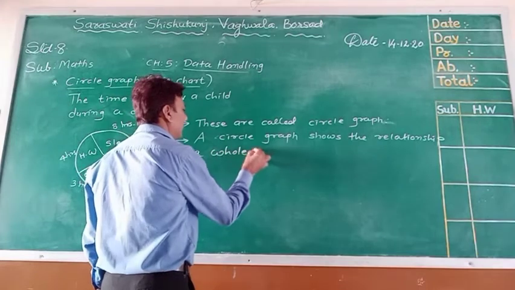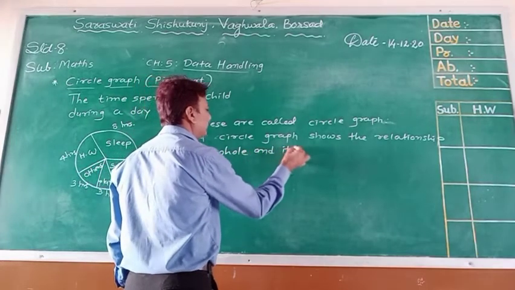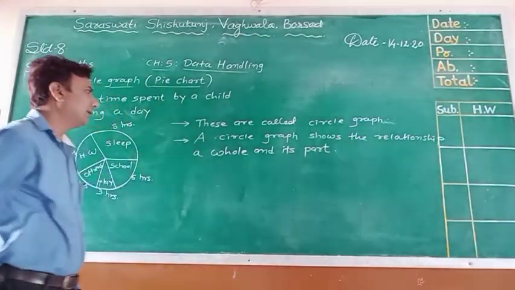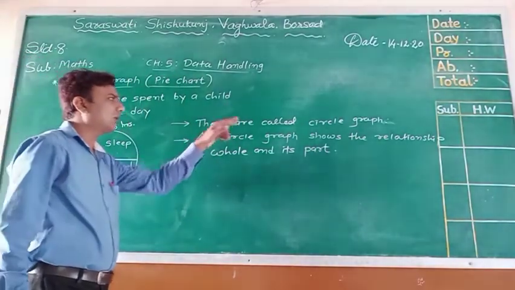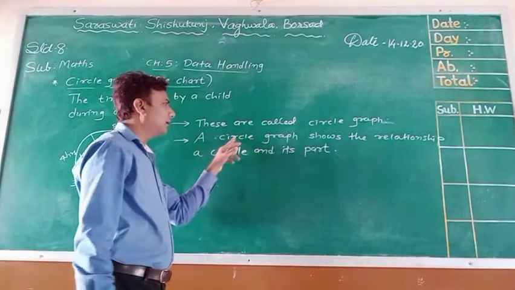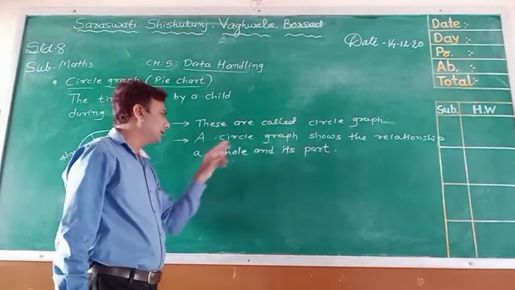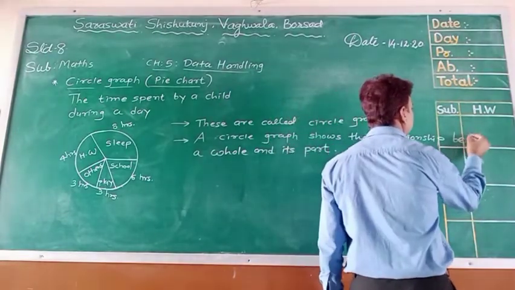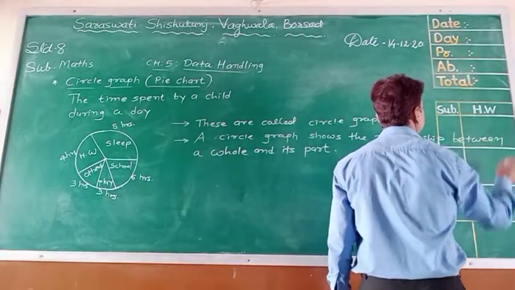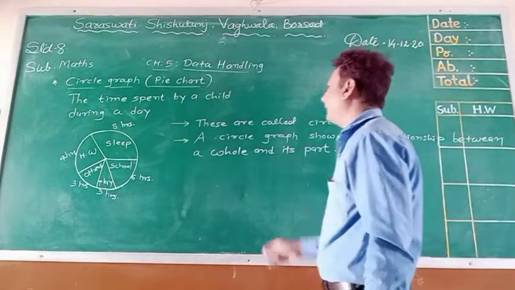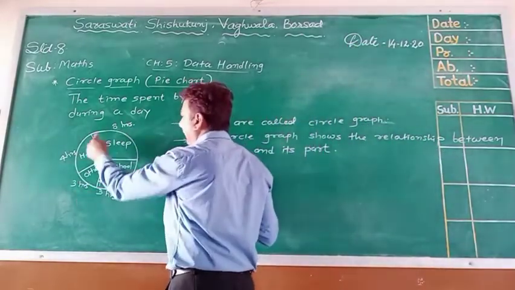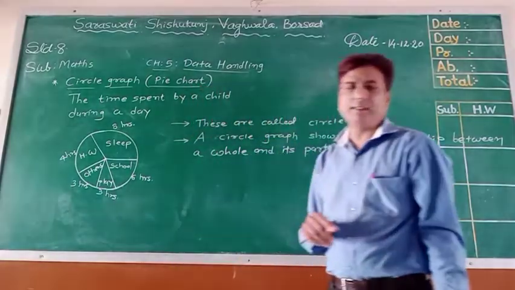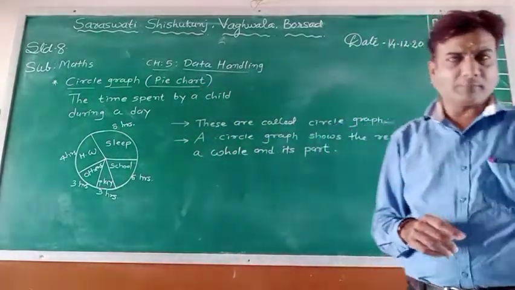A circle graph shows the relationship between a whole and its parts. This whole is the circle, and these are all its parts. That means it is a circle graph.